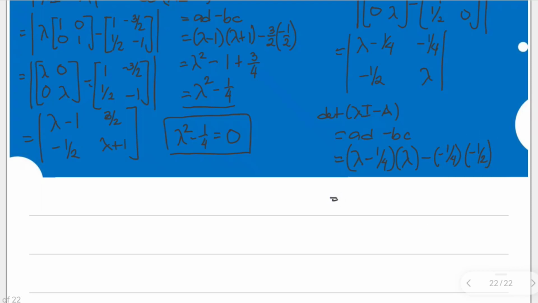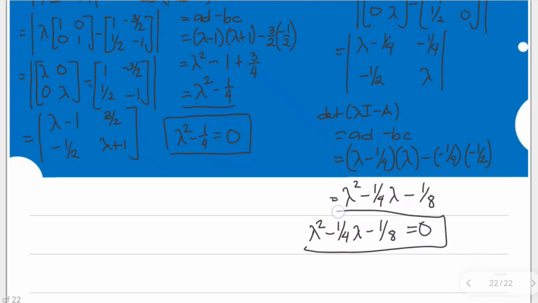So you will have lambda squared minus 1/4 lambda, and then minus 1/8. This is our characteristic polynomial, and if you equate it to 0, lambda squared minus 1/4 lambda minus 1/8 equals 0. This is our characteristic equation for the second matrix.